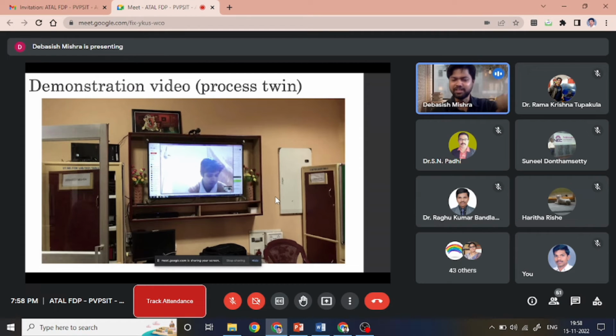He is at Ranchi, and he is taking care of the cyber part, and he could see the entire operation of the twin from his computer through the cloud operation. He's not operating anything, it's entirely remote, but he is able to remotely get a feel of the welding process through his cloud device.